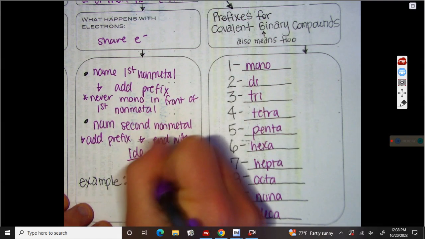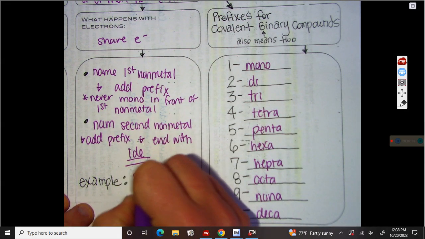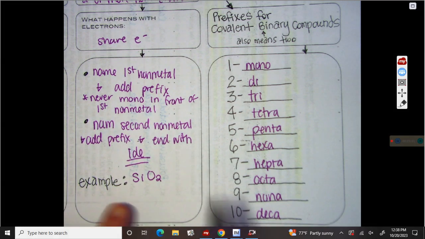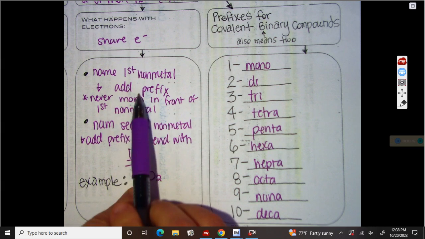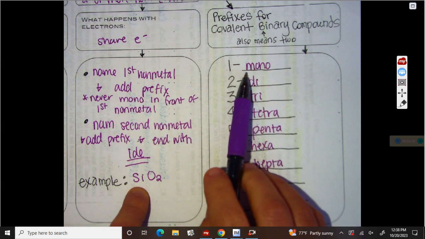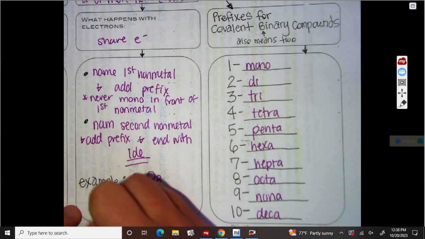So our example is SiO2. When we go to name this, we name our first nonmetal, silicon. We're going to add a prefix. Well, there's no number behind it, so I only have 1, and mono is the prefix for 1. We don't put mono in the first spot, so I just write silicon.